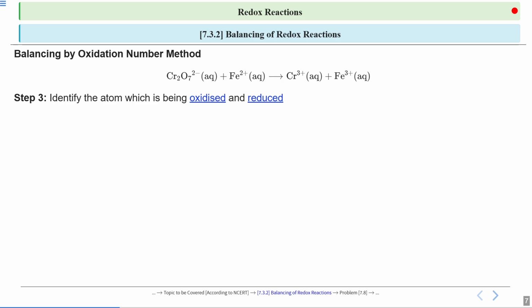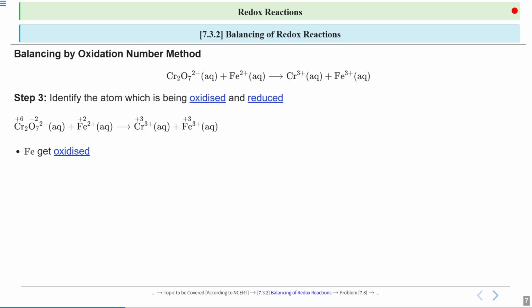If the oxidation number of another species decreases, then we consider that species to be reduced. So here, looking at the reaction with the oxidation numbers, we can clearly see that chromium is changing its oxidation number from plus 6 to plus 3, while Fe is present in plus 2 and is being converted to plus 3.